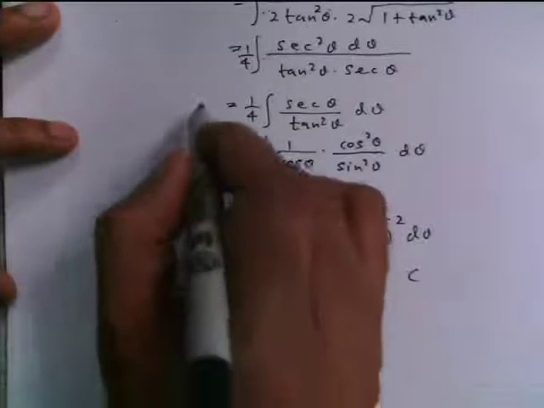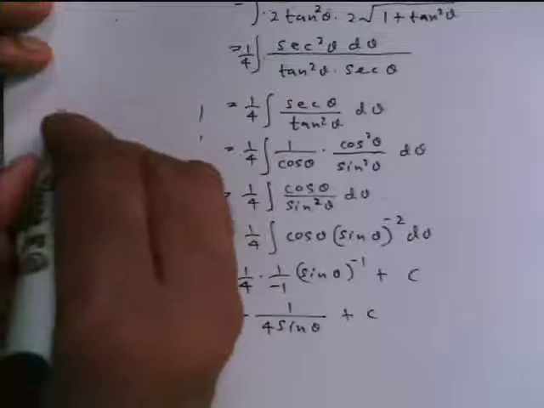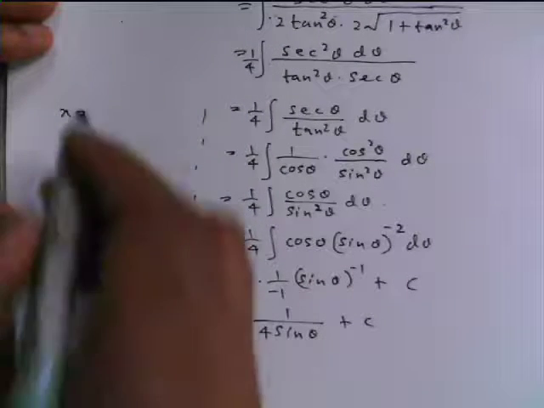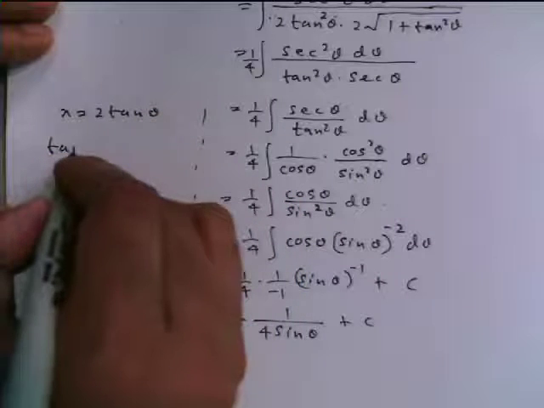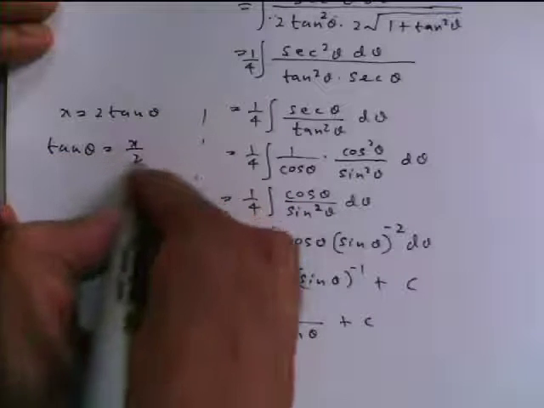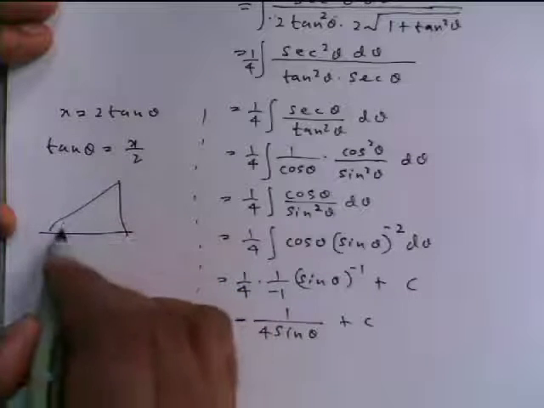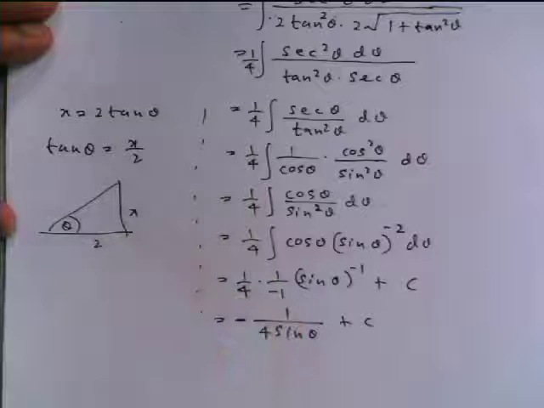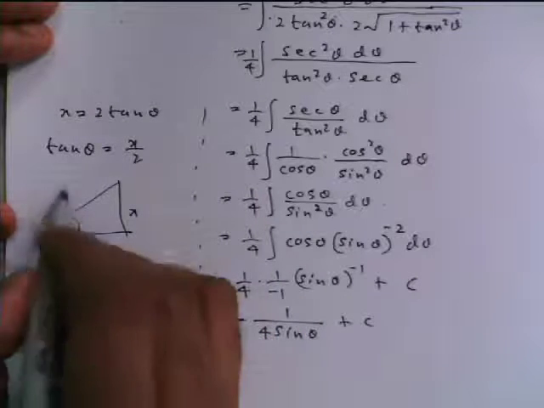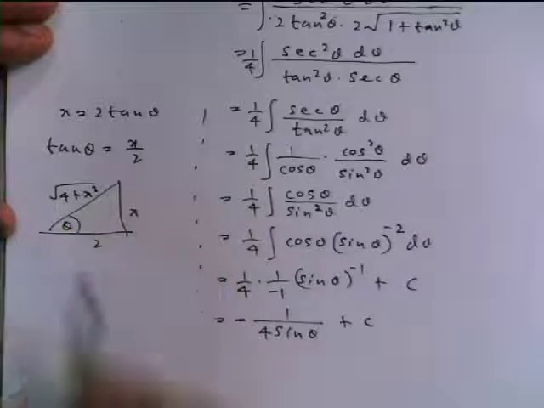Now we're going to use the triangle because we need sin theta, and we know that x equals 2 tan theta. So that means tan theta equals x divided by 2. So draw the triangle: theta, and this is x over 2. Is that right? So what do you get here? You get the square root of 4 plus x squared. So what is sin theta?